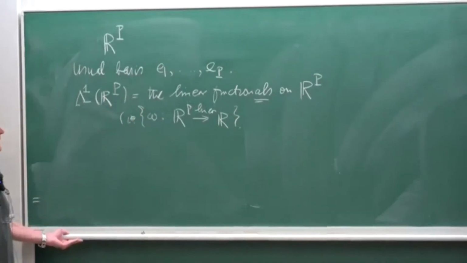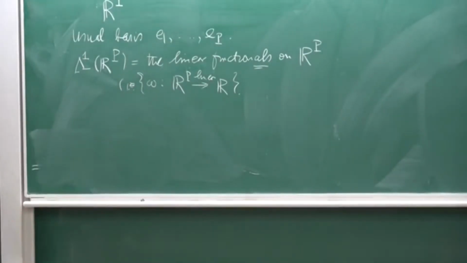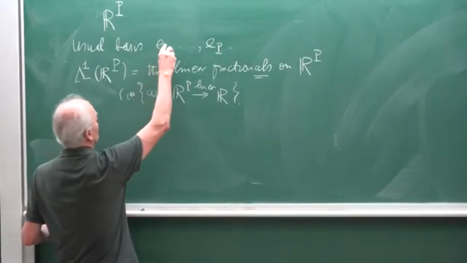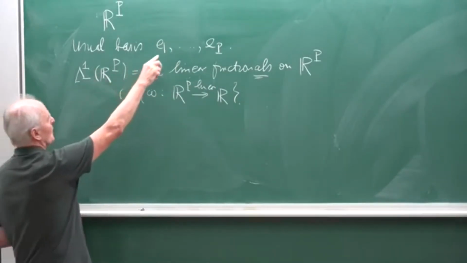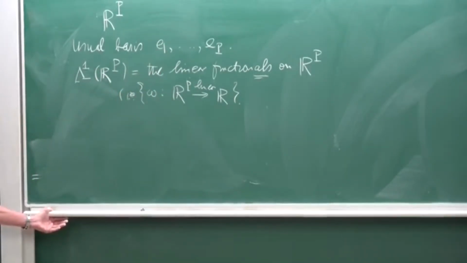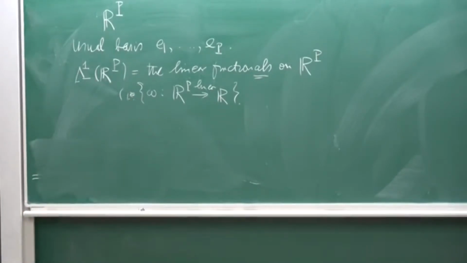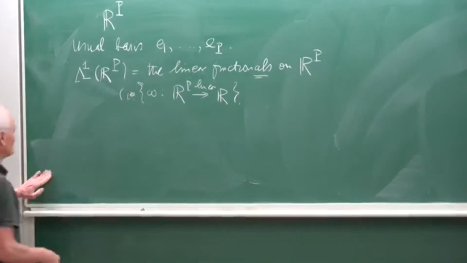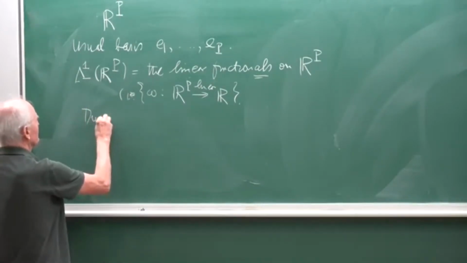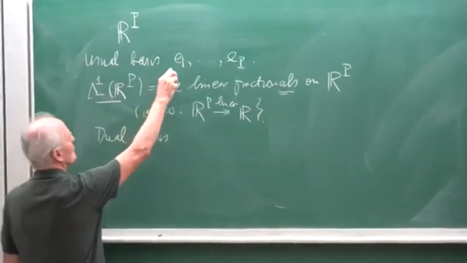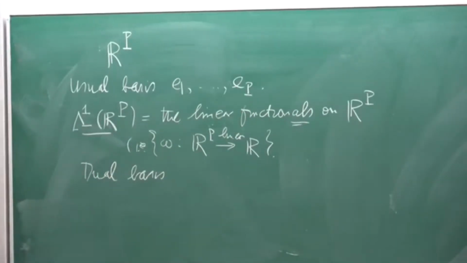So that's lambda 1. And let's take a basis for these which is dual to this. So take a dual basis. So we're going to use this classical notation, which looks a bit funny at first sight.